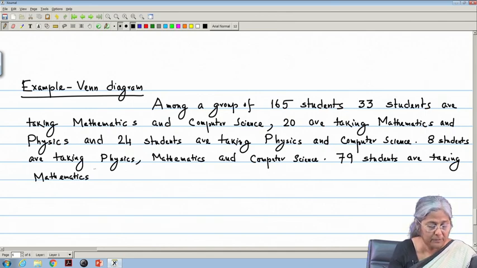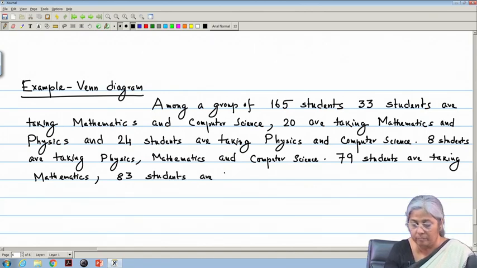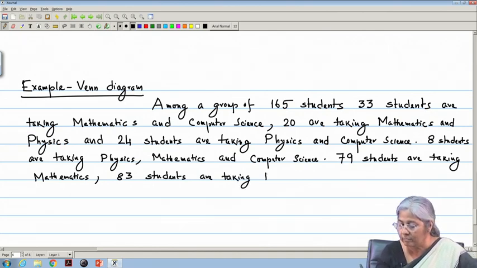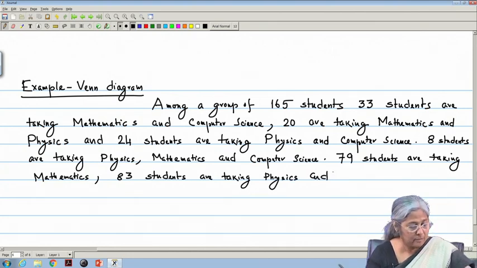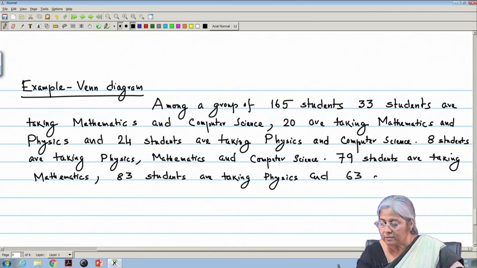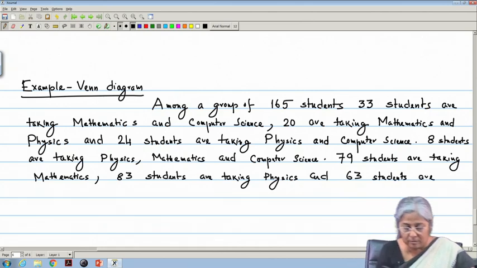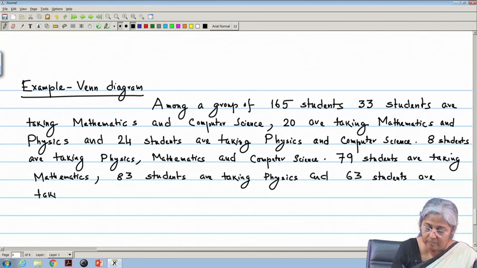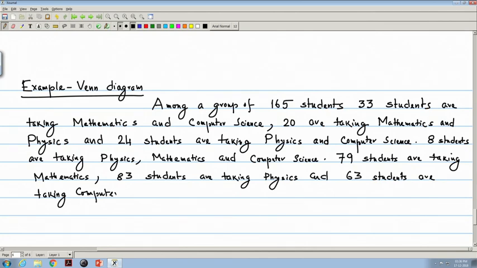If I consider separately, 83 students are taking physics, and 63 students are taking computer science.